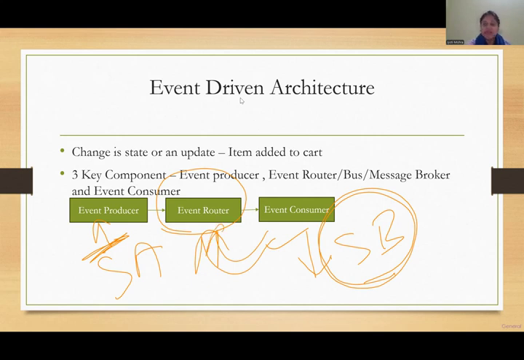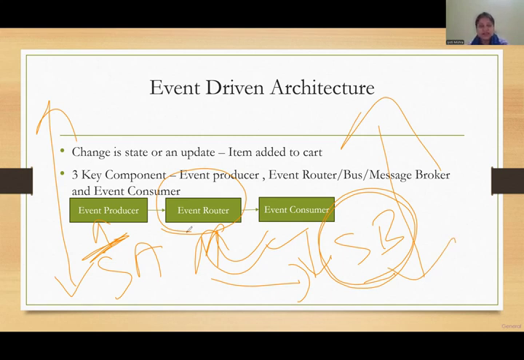In case of push, you'll get the notification the moment there is a change in the state, or some update is done, right? So now if we have to scale, we can scale this particular service independently, this particular service independently. There's no dependency. Service A should not know about the schema etc. of service B, and A will not be waiting for service B to respond or to see if whatever has been produced is being consumed by your consumer, right?